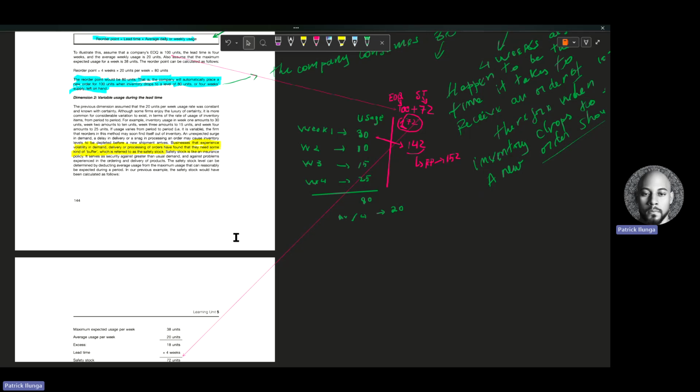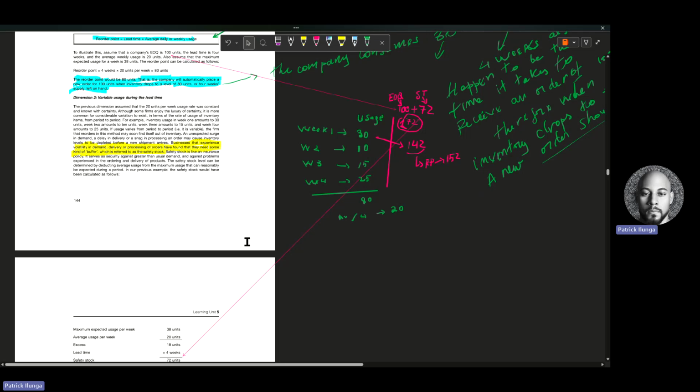The safety stock is very important, right? And remember again, we don't run out. You as an entrepreneur should know that that's a no, no, no. That's not good business. Stock out is not a good business, right?